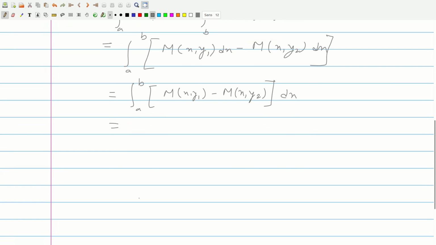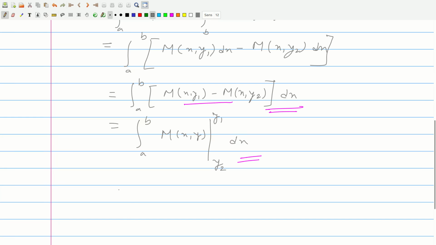Now you can write it this way also: M as a function of x and y goes from y2 to y1. So these two expressions are equivalent. When you put this limit, you recover these two terms.